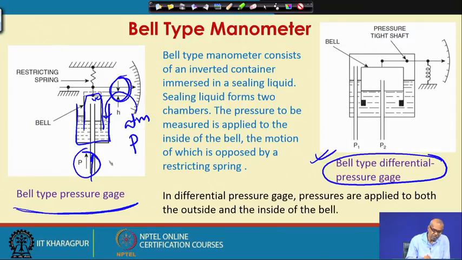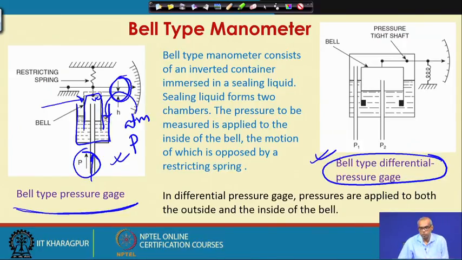In this case, the pressure that I wanted to measure was applied inside the bell, and from outside it was atmospheric pressure that was working on the outer surface of the bell or on this liquid.